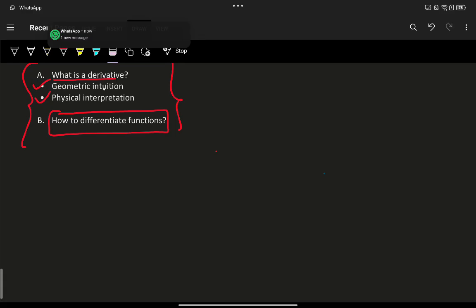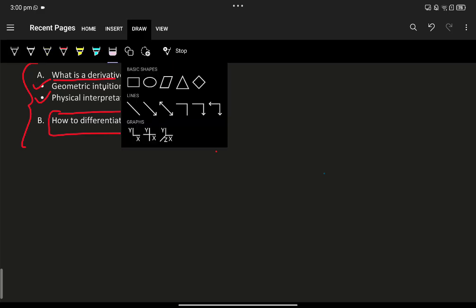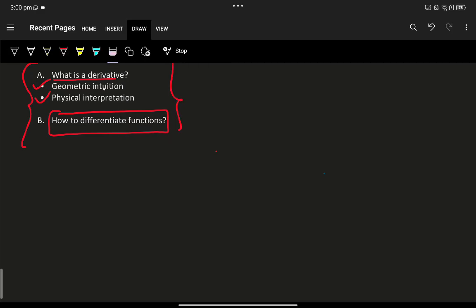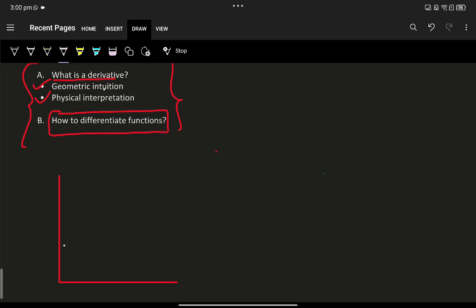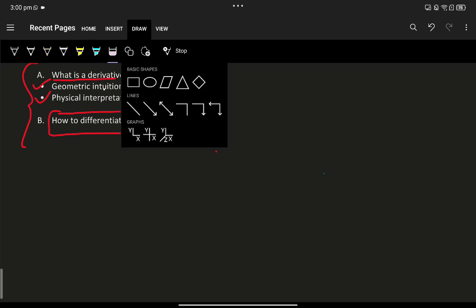Talking about the derivative, the geometric intuition that I would like to explain is this: I will just take an axis, something like this, and I will draw a hyperbola right over here. I'll take the white chalk, and similarly I will take another chalk for this.